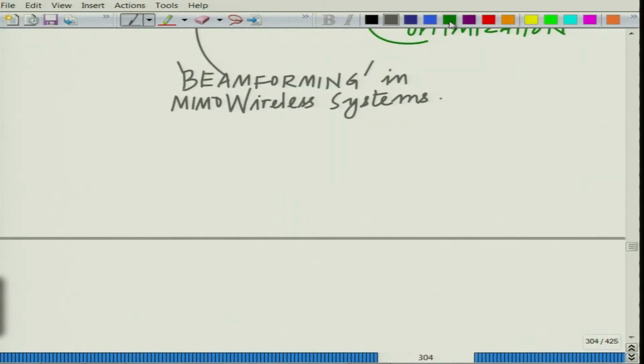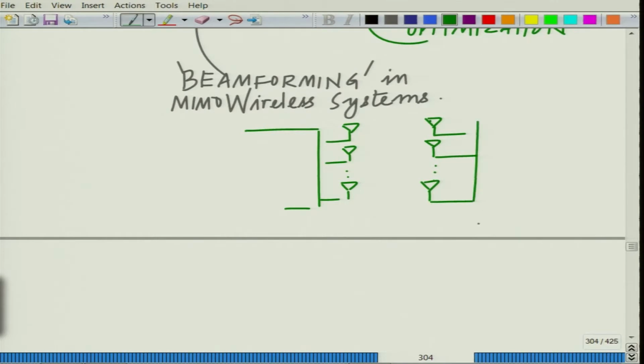Let us again look at a typical MIMO system, which has multiple antennas at the receiver and multiple antennas at the transmitter. Right.